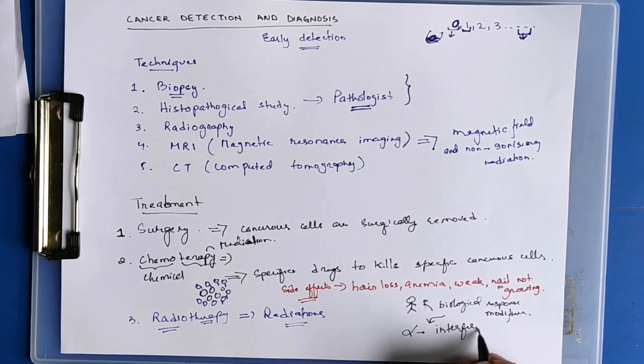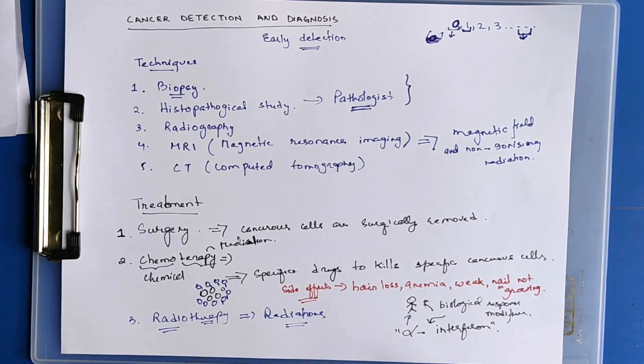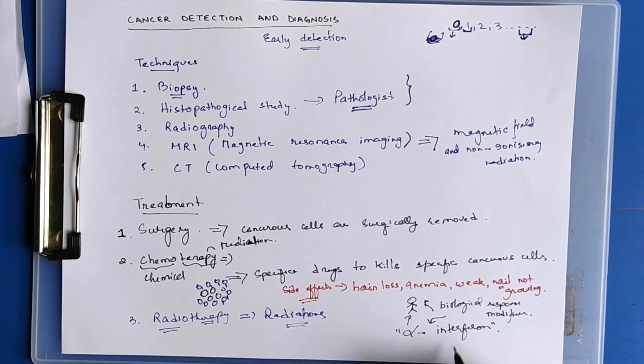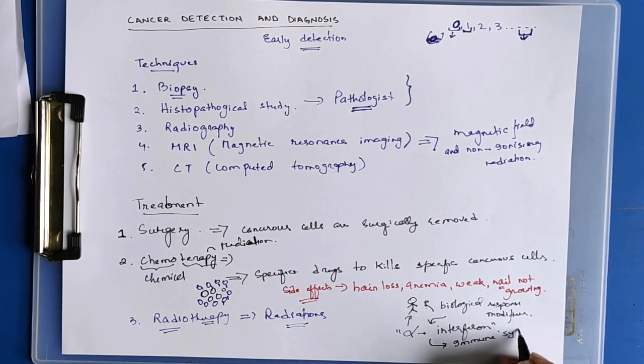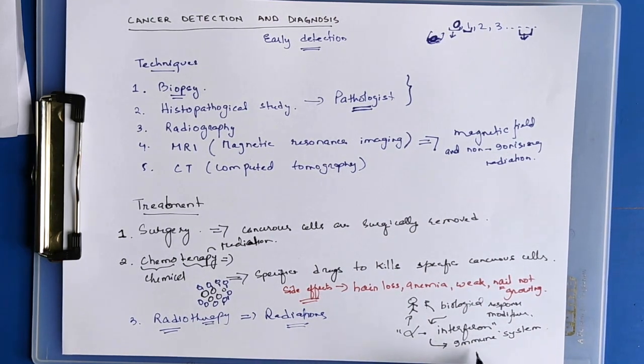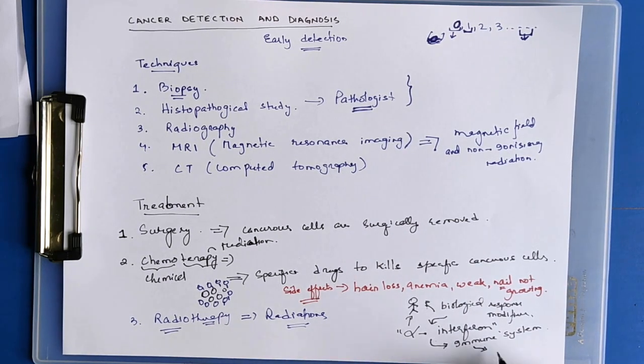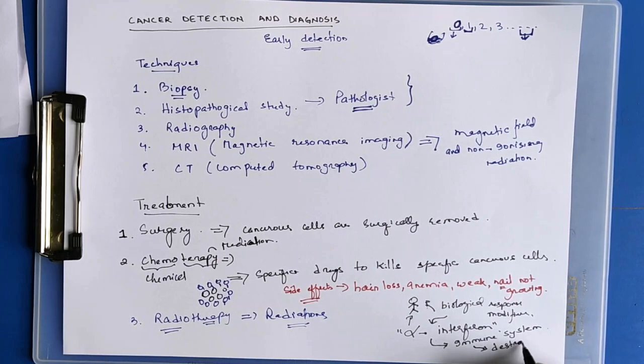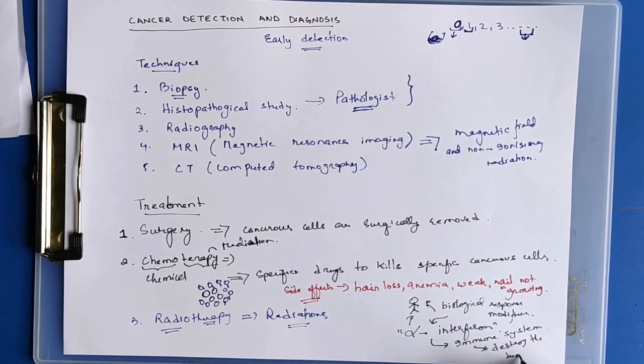When patients are given such a substance, the alpha interferon will activate the immune system of the patients. The immune system will start producing antibodies which will destroy the tumors.